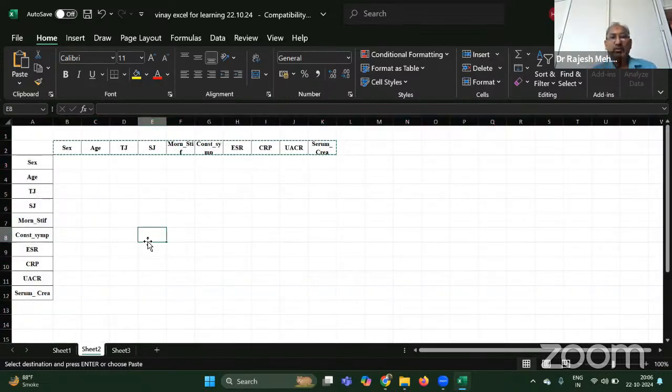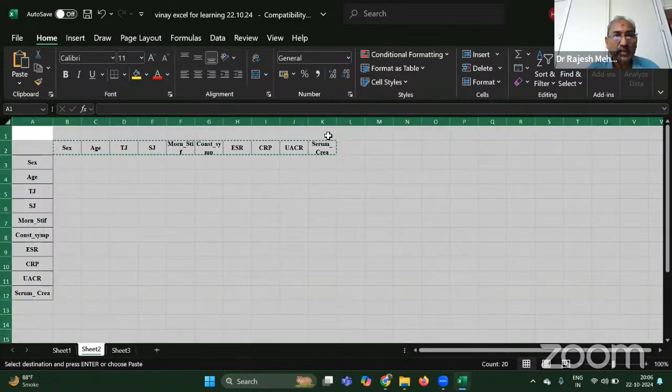Once you transpose, now you can see the data, and what kind of analysis you want is the thing which you should be considering.